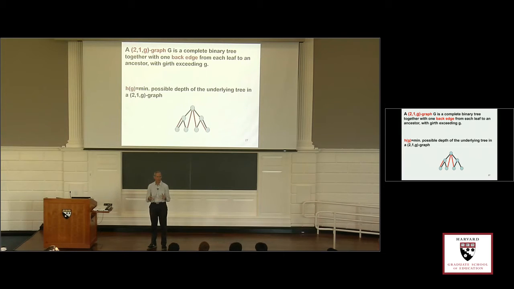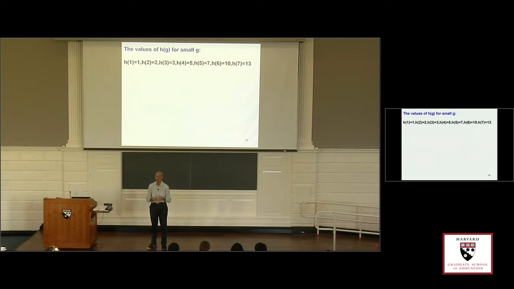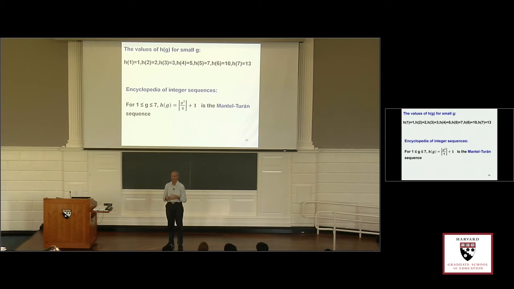And actually, it's not so difficult to compute it exactly for small values of G, and I've done so. So h of 1 is 1, h of 2 is 2, h of 3 is 3. Up to h of 7, it is 13. For h of 7, you have to think a little bit, but this is not too difficult. And once I had these 7 values, the beginning of a sequence, you go to Sloane's Encyclopedia of Integer Sequences, and you put in the 7 numbers, and it recognizes this sequence.